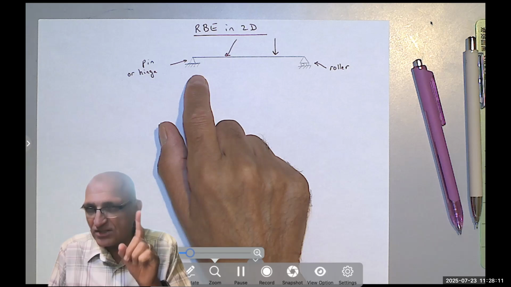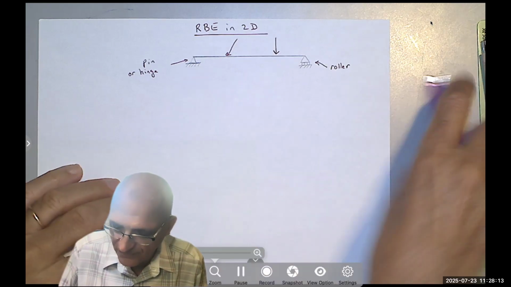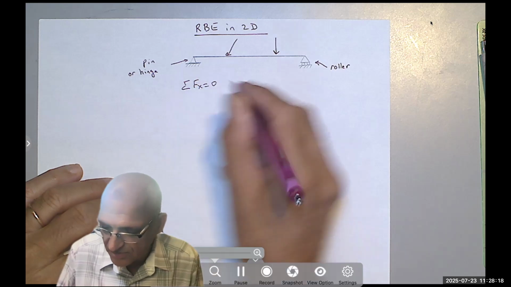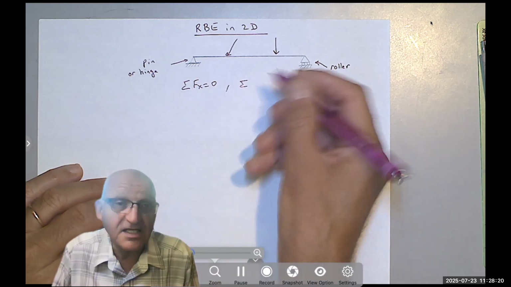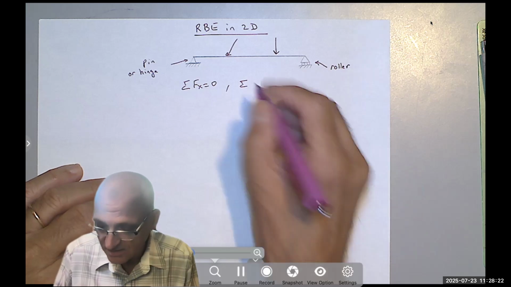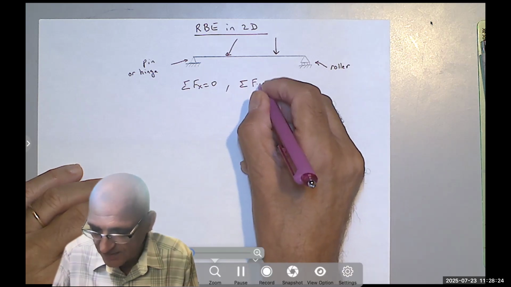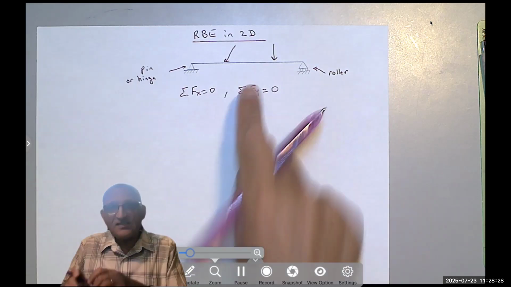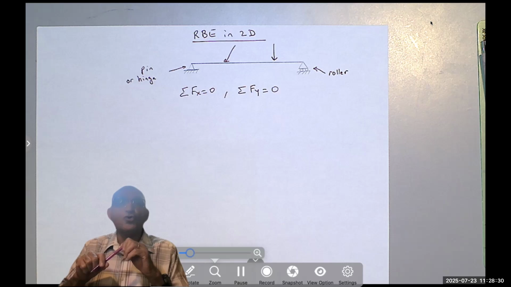So it's not enough to say summation of the forces in the x direction equals zero and summation of the forces in the y direction equals zero. Of course, they are needed because if not, you won't have equilibrium. But they are not enough because these forces can produce rotation.